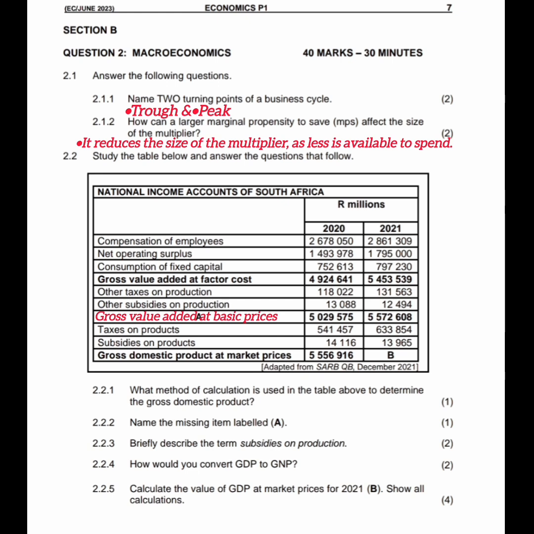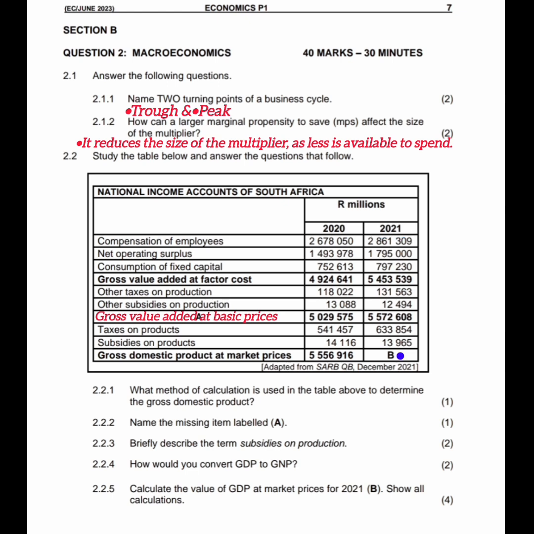And then we have plus taxes on products minus subsidies on products, which is going to be gross domestic product at market prices. And then we have our figures here for 2020, and then we have our figures for 2021, and then we have a B missing there.